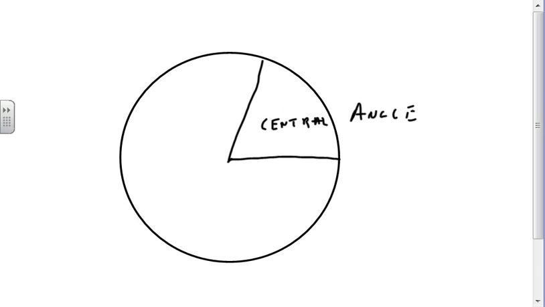If I have an angle that's touching the circle someplace, like that, so now I got this angle right there, that's called an inscribed angle.